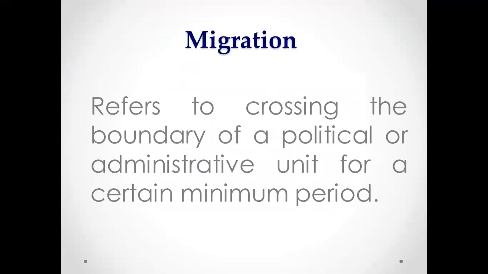When I say migration, it refers to crossing the boundary of a political or administrative unit for a certain minimum period. So you are going to transfer from one location to another location.